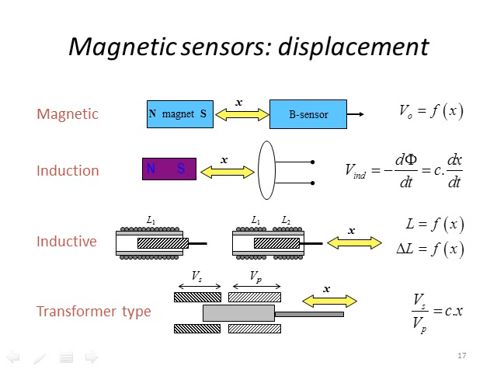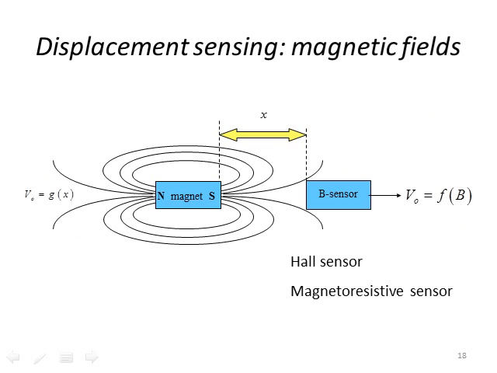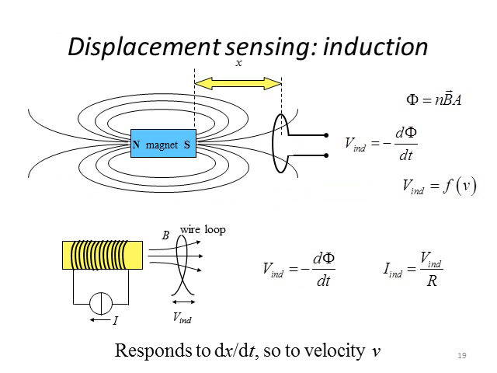And you will get much more experience in the practicum in playing around with these types of sensors. So for displacement sensing of magnetic fields, as I said earlier, two types of sensors that we'll talk about today: a Hall sensor and a magnetoresistive type of sensor that can be used for this type of displacement sensing.